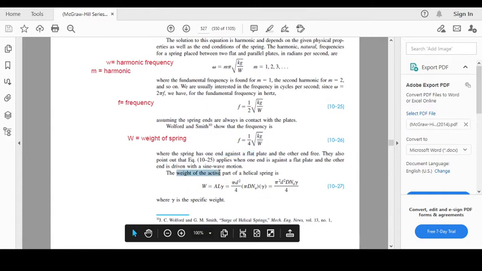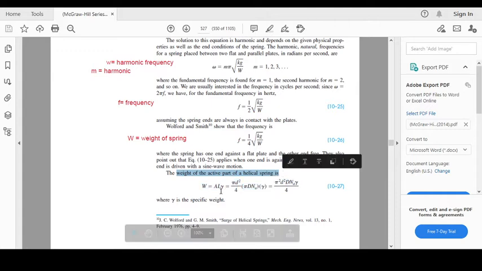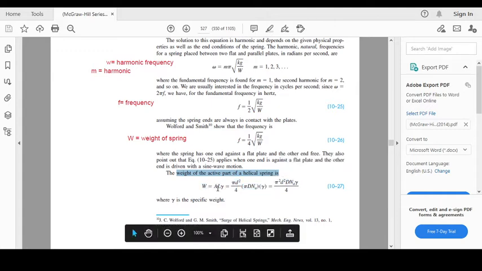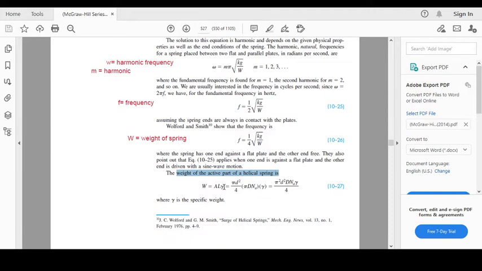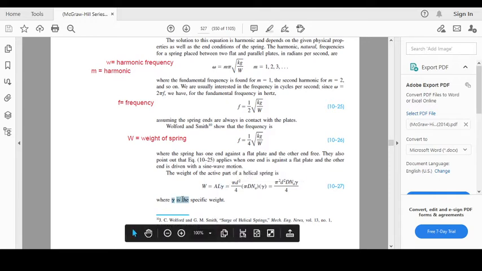So the weight of the active part of a helical spring is W equals A L gamma, where gamma is the specific weight, equals pi d squared over 4 times pi D times N times gamma.